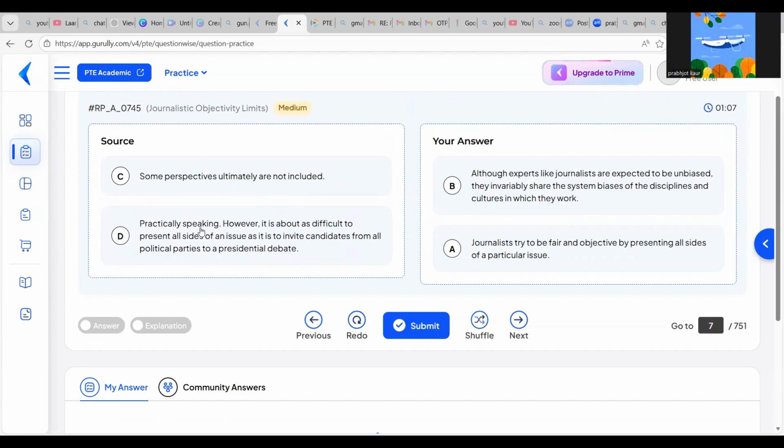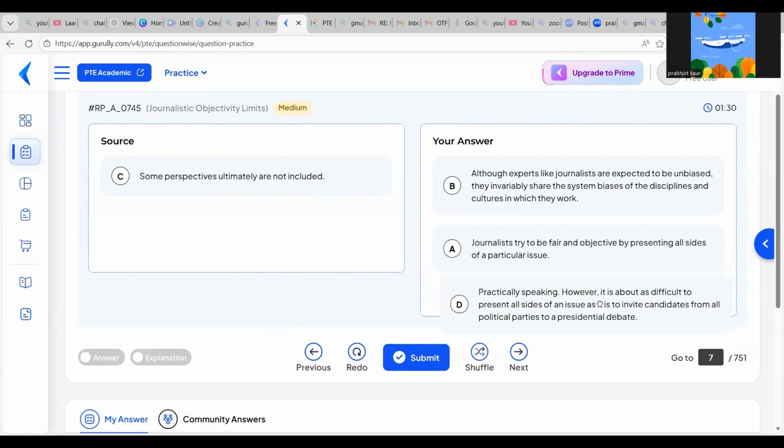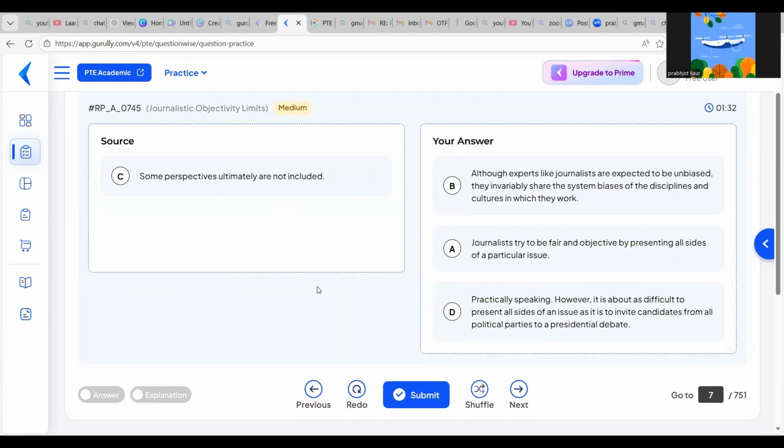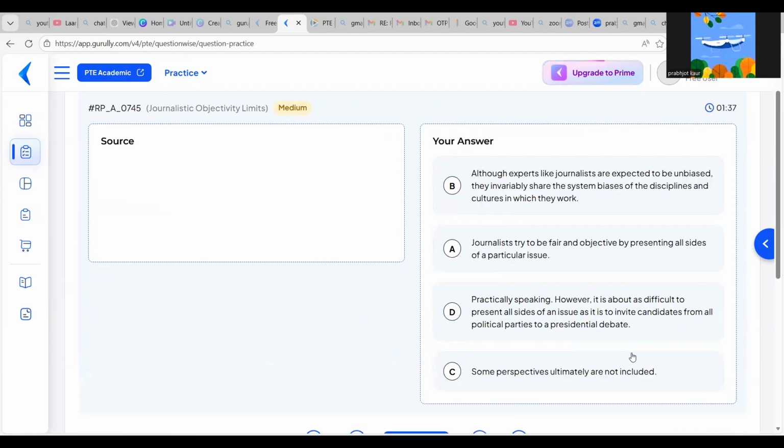So, practically speaking, however, it is about the difficulty of presenting all sides of an issue, as it is to invite candidates from all political parties to a presidential debate. Some perspectives ultimately are not included. So this one comes after that one.